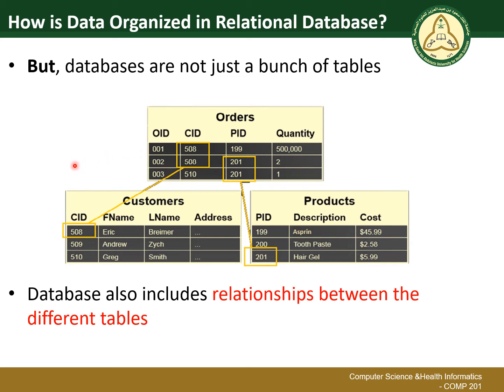Why do we create relationships? Because we don't want to duplicate the information or the data again. So we don't want to duplicate the customers' data in the orders table. We will use the customer ID, and through the customer ID we can return the customer data from the customers table.